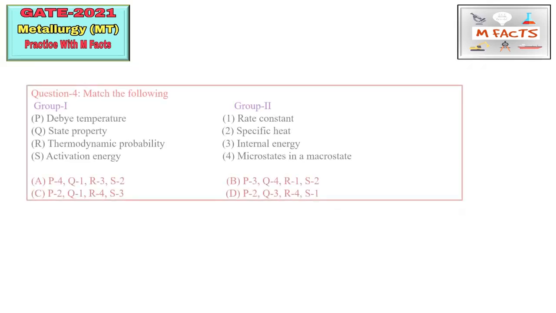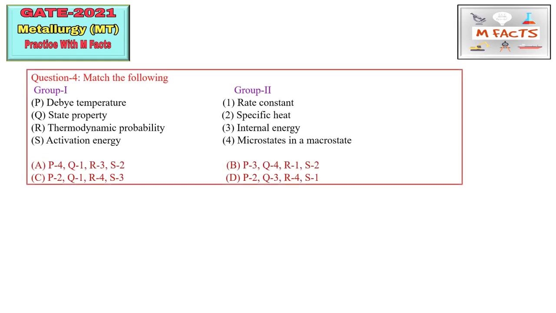So the next question is a matching type of question. This is the third type of question, that is matching type questions they will ask in the GATE exam. So you will be given group 1 and group 2 and you have to match group 1 to group 2. Okay, so I will suggest for doing these matching type questions, don't directly jump into the options for matching purpose.